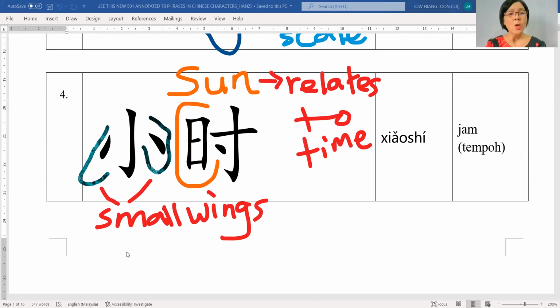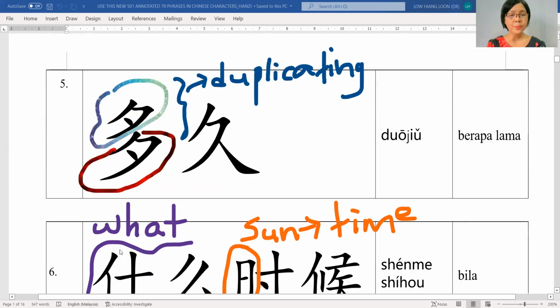好的. So come to the next one. 多久? The up and down parts are similar in shape. So actually the original meaning is banyak. 多 means banyak, because when you duplicate up and down, it means a lot.